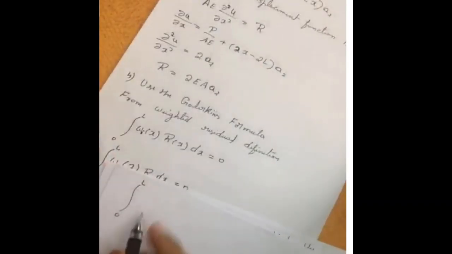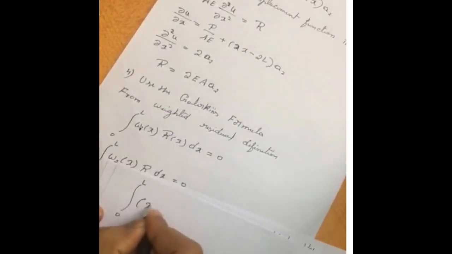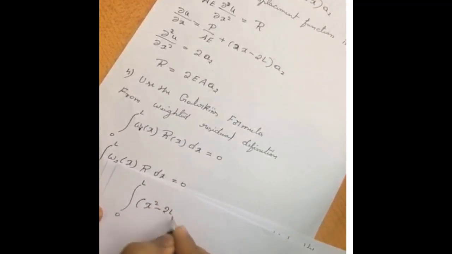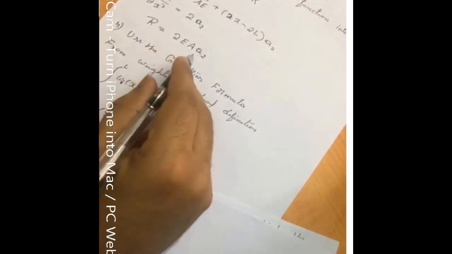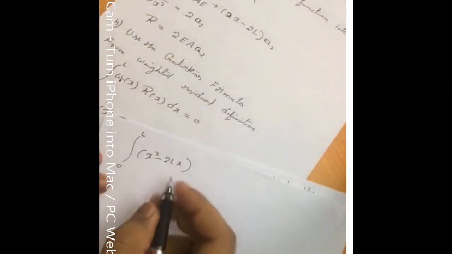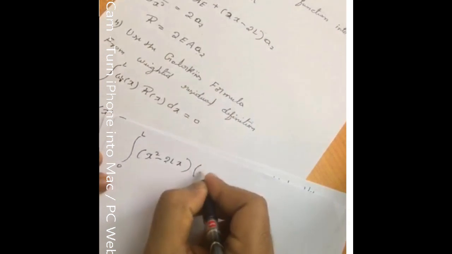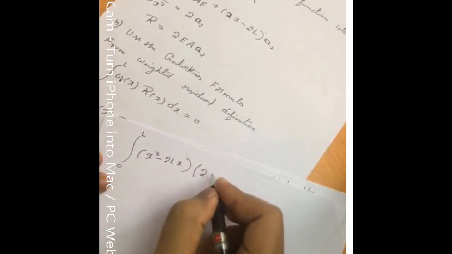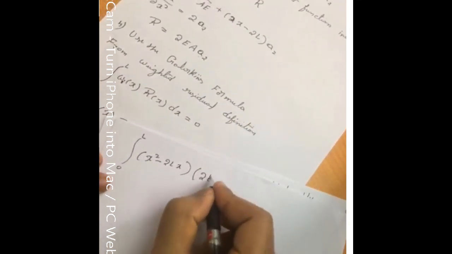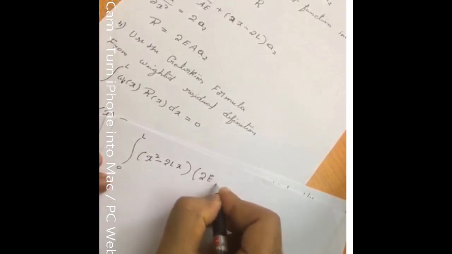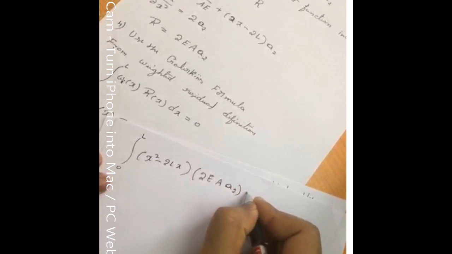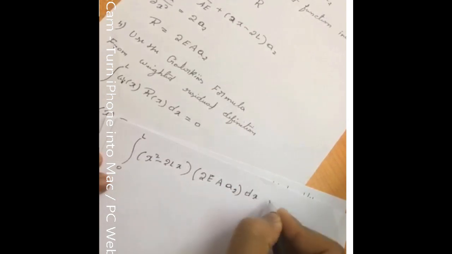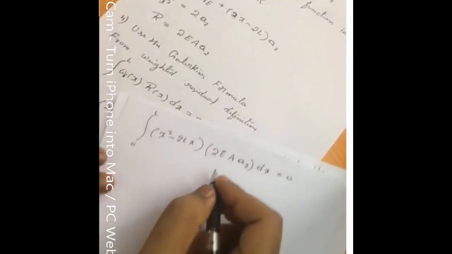So substitute x square minus 2Lx into R, which is 2EA a2, into dx is equal to 0.